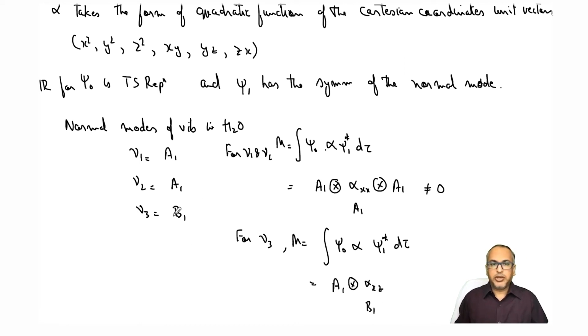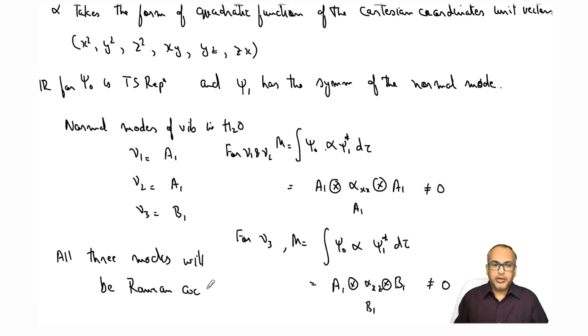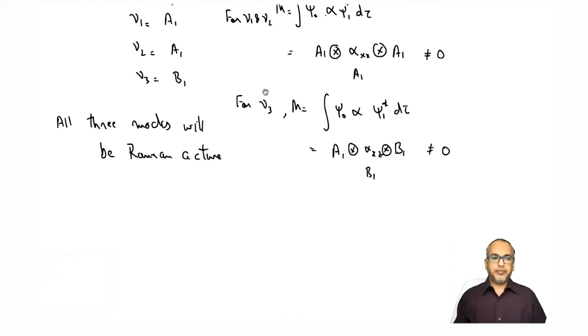Psi 1 star has the symmetry of the normal mode, which is B1. So again, this will not go to 0. That means all three modes will be Raman active.